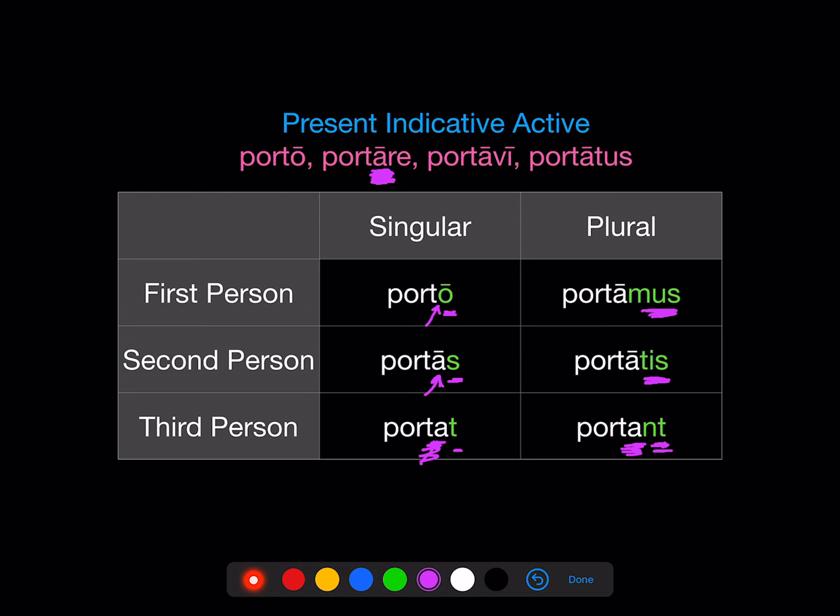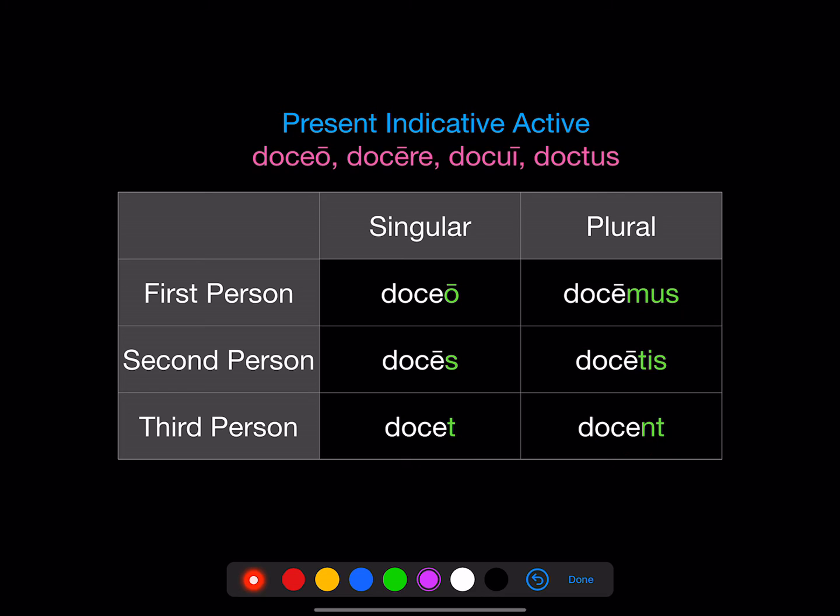But elsewhere, it's a long A. And we can compare a second conjugation verb like doceo, docere, where the vowel before the personal ending wants to be a long E. It gets shortened before the long O, but it doesn't completely disappear, and is shortened before the final T and NT.